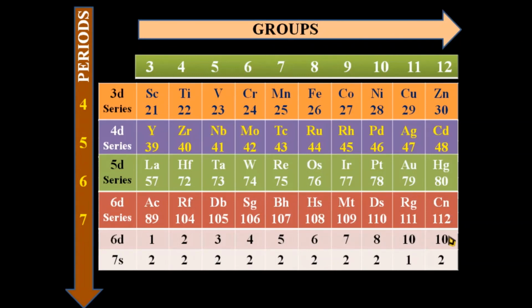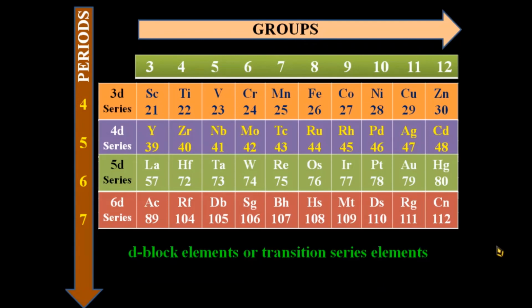These are the numbers of electrons present in the 6d orbital, and these are the numbers of electrons present in the 7s orbital. In this table, we summarize the electronic configuration of all 4 series. So this is the most important table to study in a simple way.